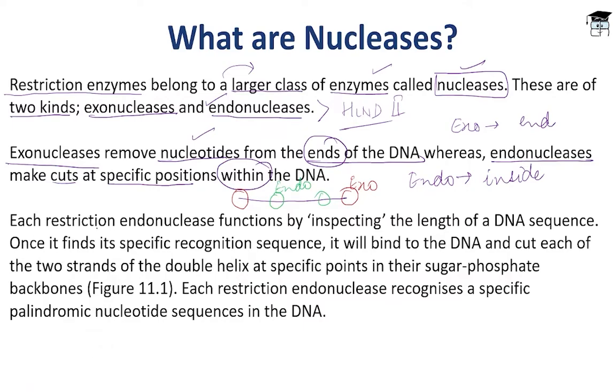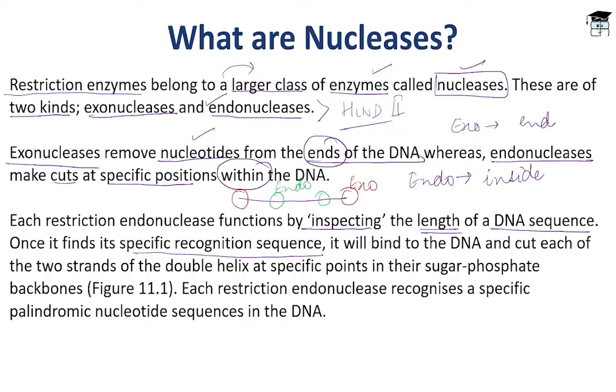Now, each restriction endonuclease functions by inspecting the length of the DNA sequence. For an exonuclease it is very easy, it will just cut the ends of the DNA. But for an endonuclease it is a hard task.